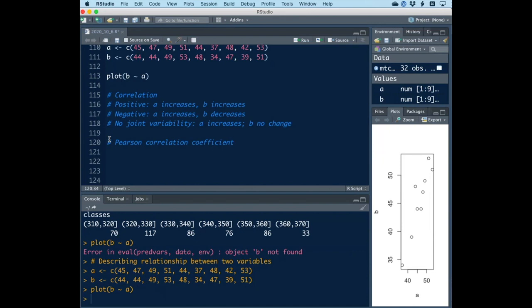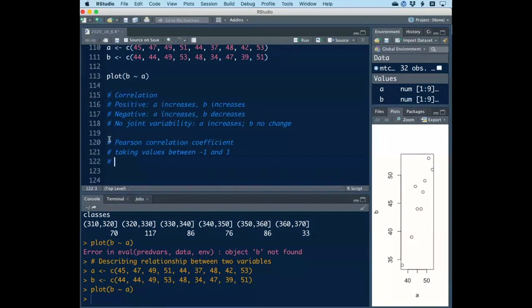He was very famous, actually, and he invented this correlation coefficient, which takes values between -1 and 1, right?